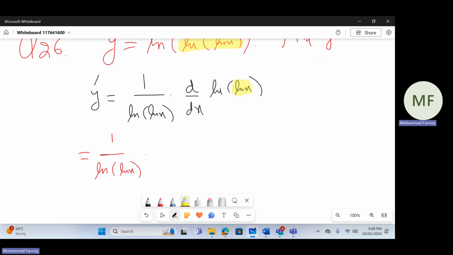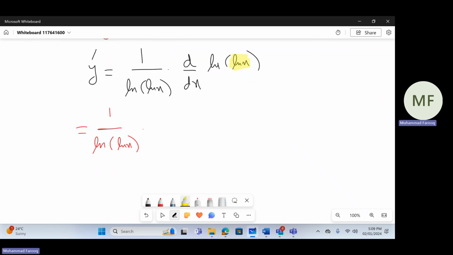Yes. So as per the rule, what we do is 1 over argument multiplied by argument derivative. Clear? So right now it is 1 over argument, and you just told me the argument is ln x, so 1 over ln x times the derivative of ln x, which is 1 over x.